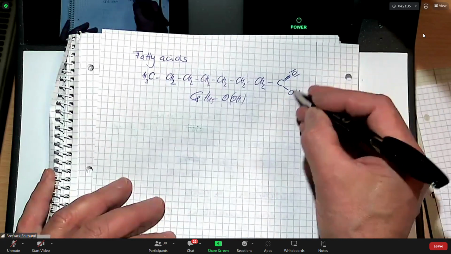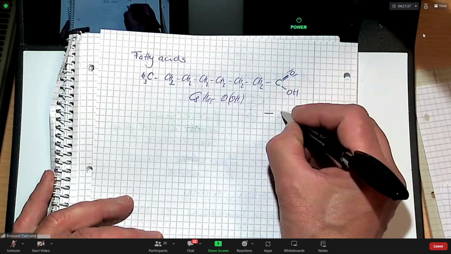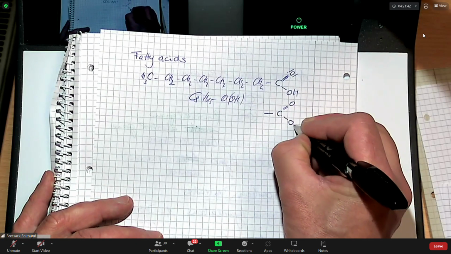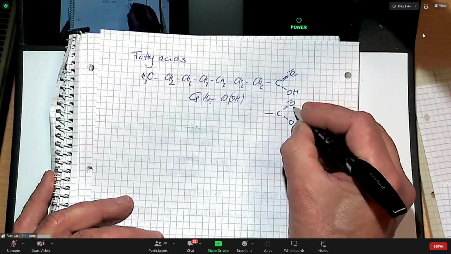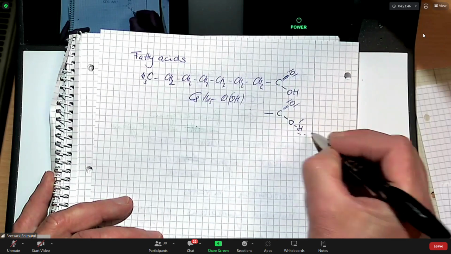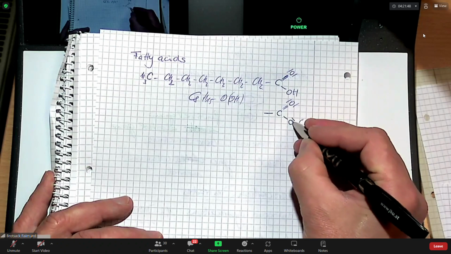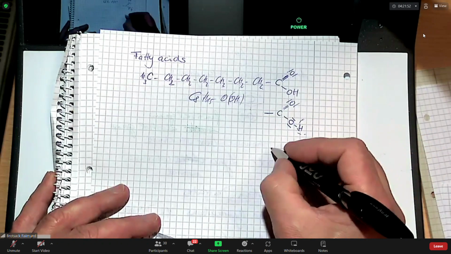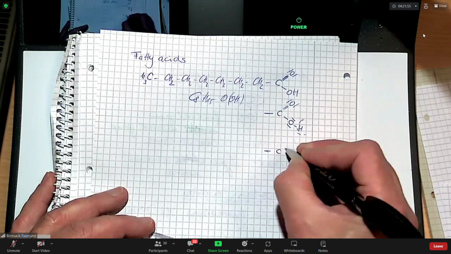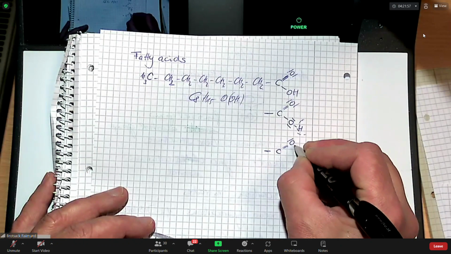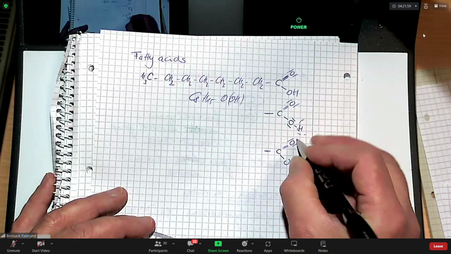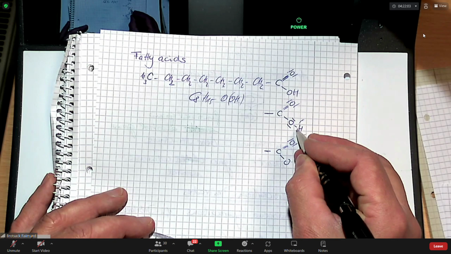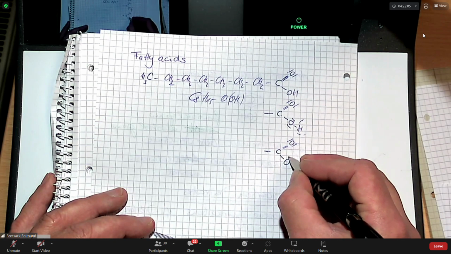When I just talk about this structure now, only the carboxylic acid structure. I take away the proton, and this is the normal structure. When I take it away, then I have here this structure, and this bonding pair of electrons comes over to this oxygen.